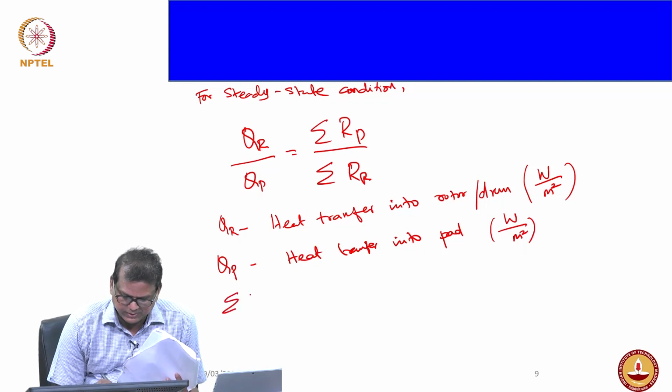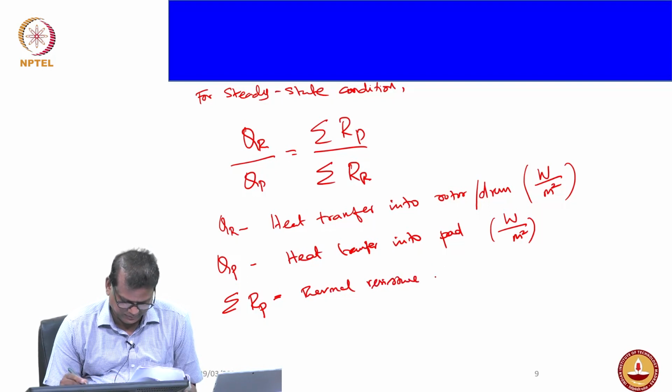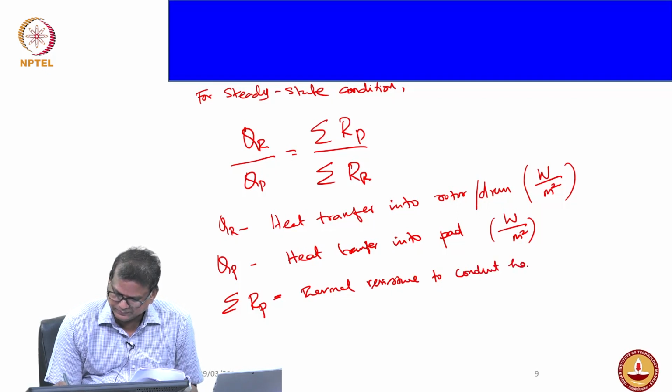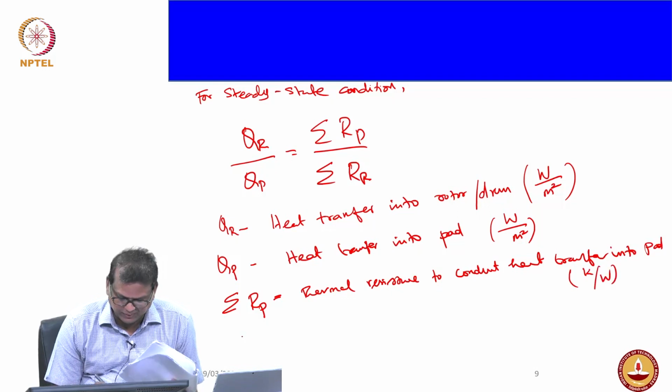Then the sigma RP is the thermal resistance to conduct heat into the pad. This is the pad. Normally this is in Kelvin per watt.